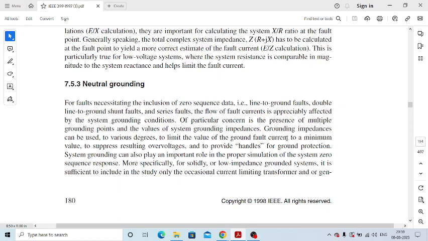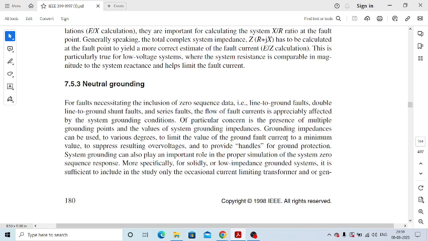In our BTech, we might have studied a subject called protection and switchgear, in which we studied some of the grounding techniques for grounding the transformer as well as the generator neutral point.